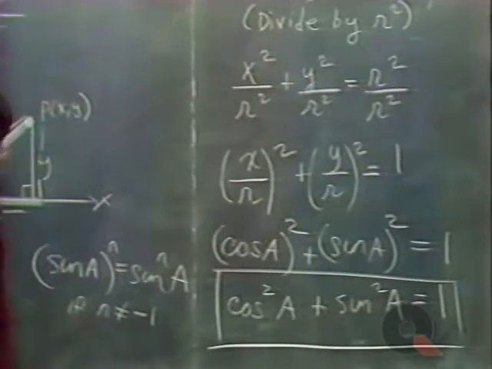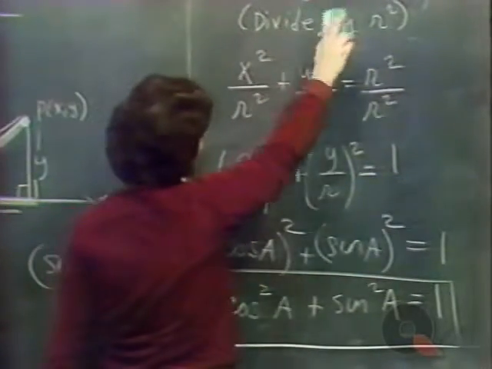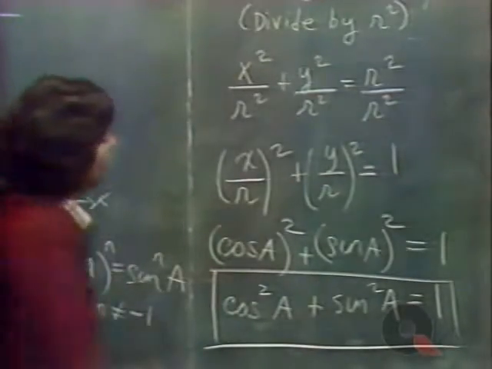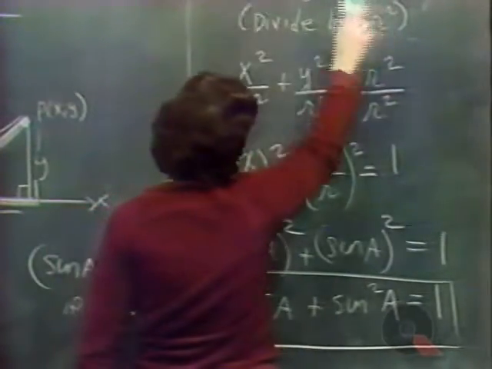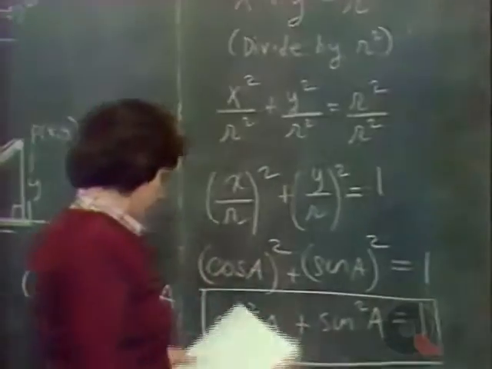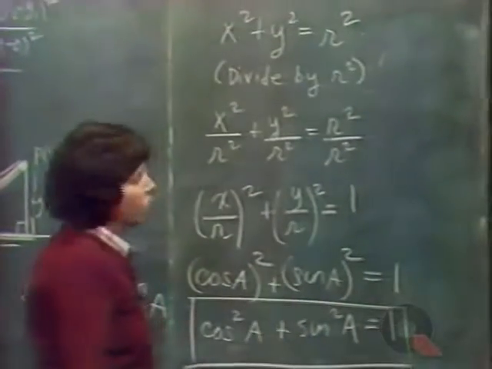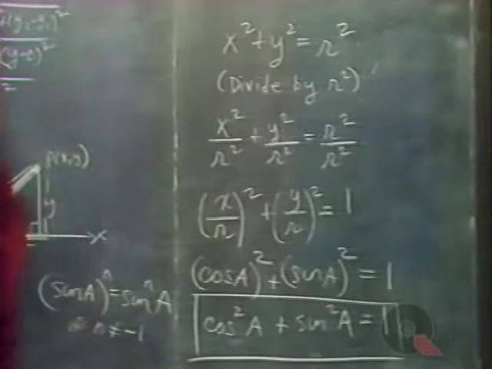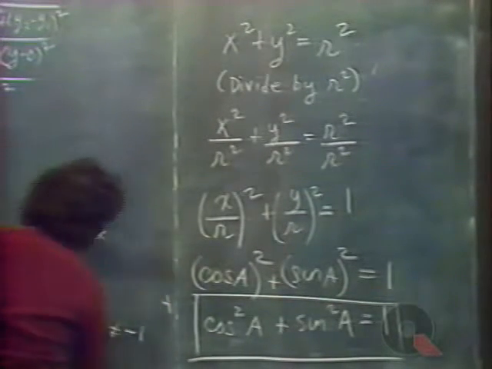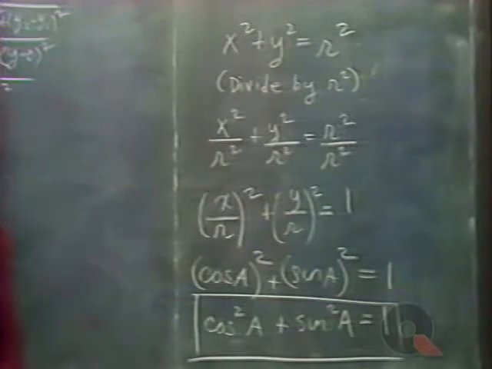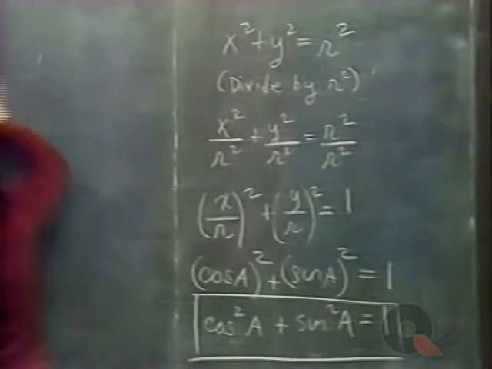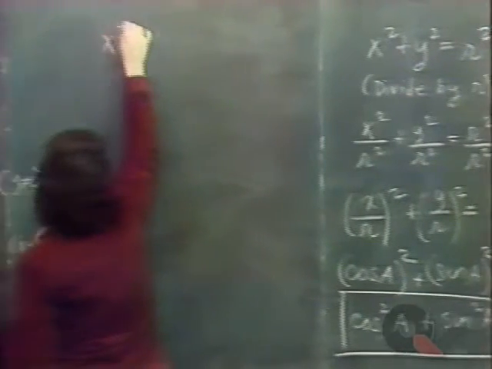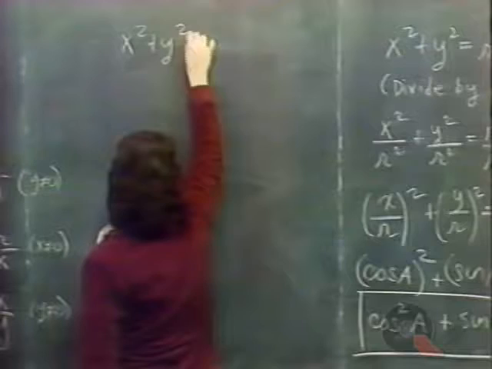Now this came from starting with x squared plus y squared equals r squared and dividing through by r squared. We can also take this Pythagorean theorem and divide through by x squared, or divide through by y squared, and we'll get two other Pythagorean relationships. Let me put them down for you over here. Let's say we started with x squared plus y squared equals r squared.